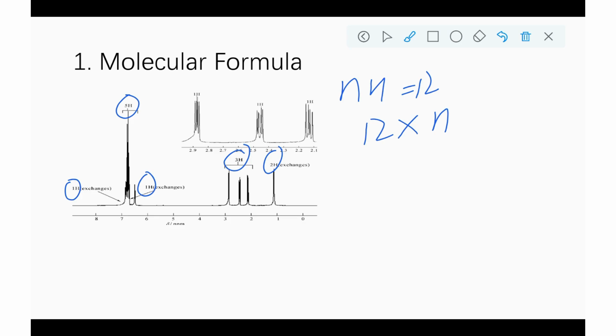But the situation where n is an integer larger than 1, let's say n is 2, is highly unlikely because that requires the structure to have a high degree of symmetry. So let's just say it's 12 for now.